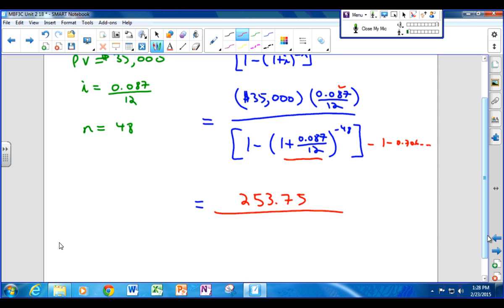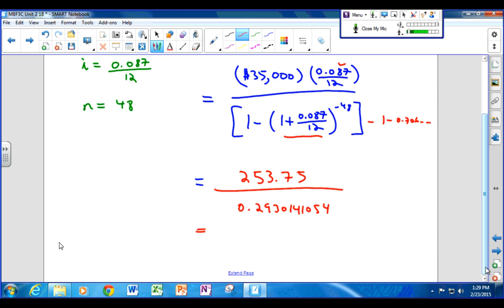I'm going to use a function of my calculator that lets me subtract: 1 minus answer, which returns the last answer. I got 0.2930141054. If at all possible, I'm going to try not to have to re-enter that into my calculator.